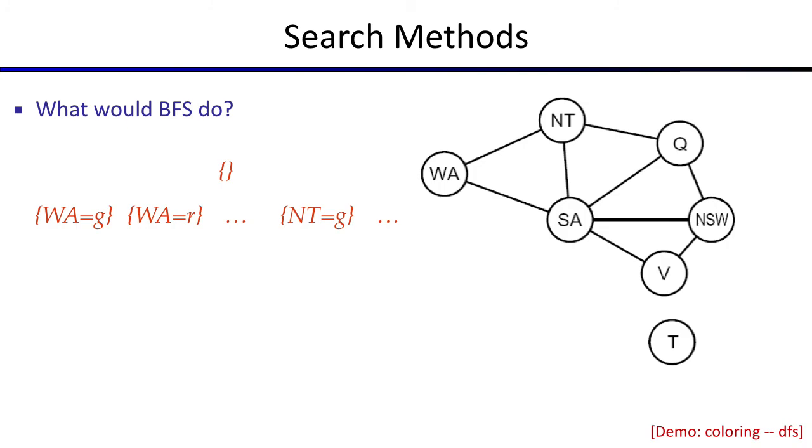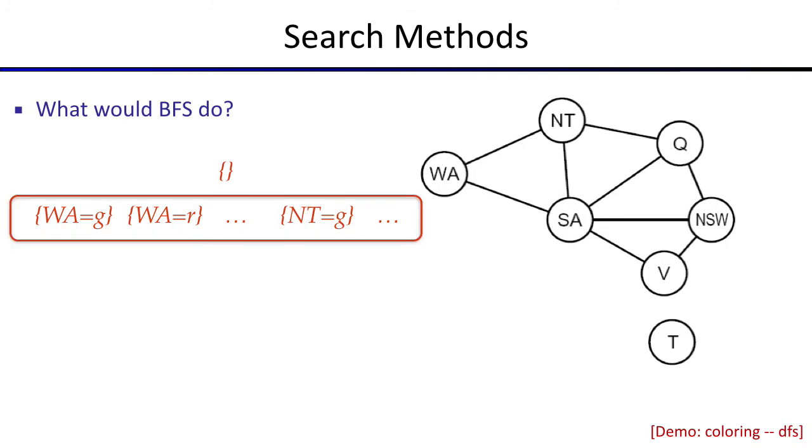What's level order in the search tree? The first thing it's going to do is check all of those states. In other words, first thing it's going to do is try assigning Western Australia to red. And then what's next? Well, undo that. Let's assign it to green. Okay. Undo that. Let's assign it to blue.